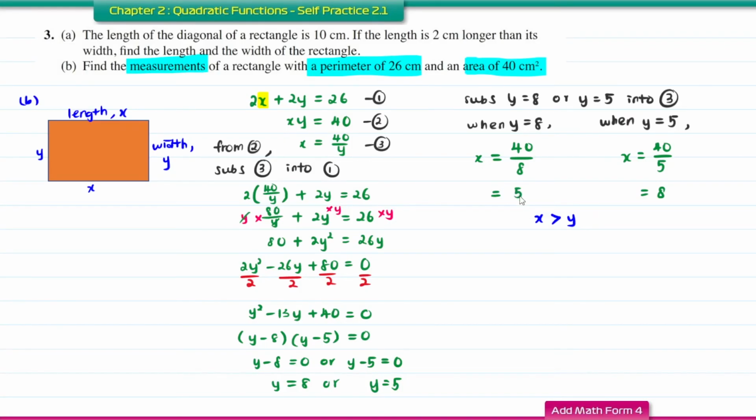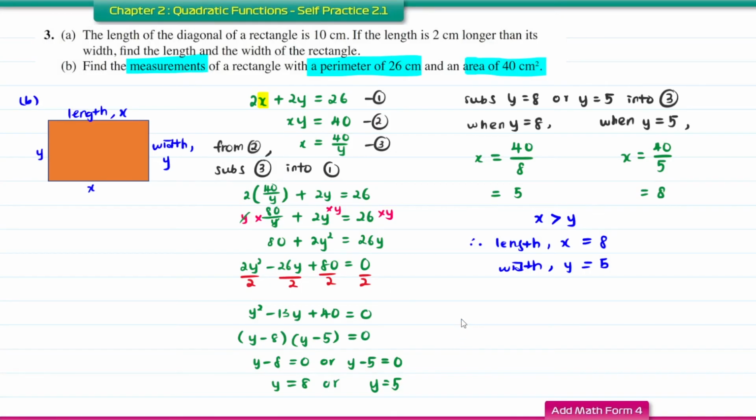This one, the 5 is less than y. But when y is equal to 5, x will equal 8. Therefore, 8 is greater than 5. So we can make a conclusion that the length, x, is equal to 8, and the width, which is y, is equal to 5.